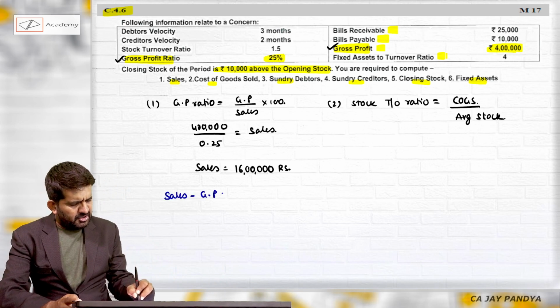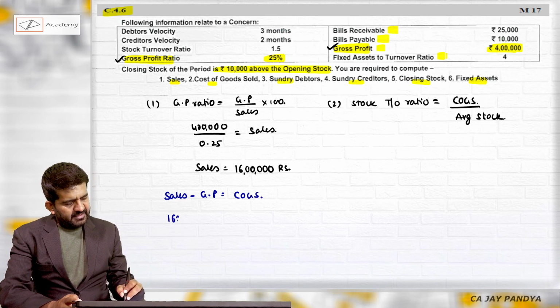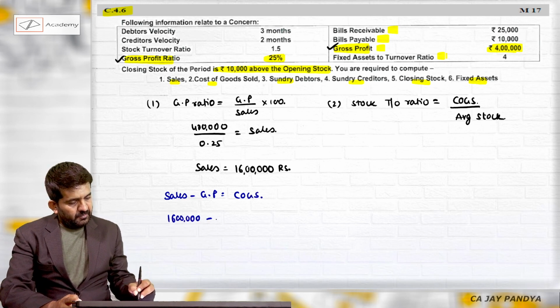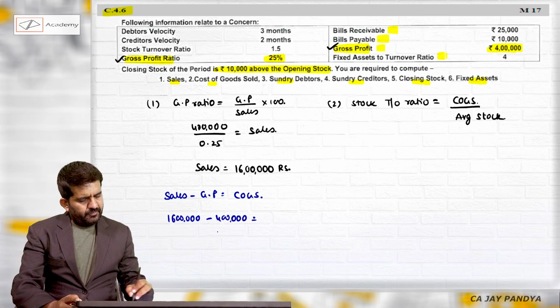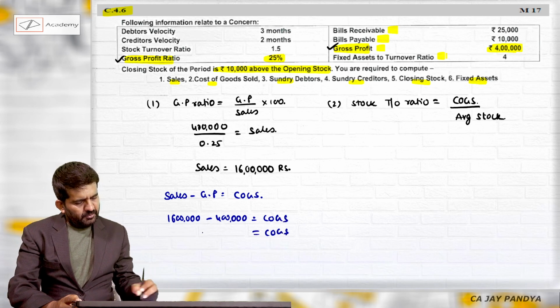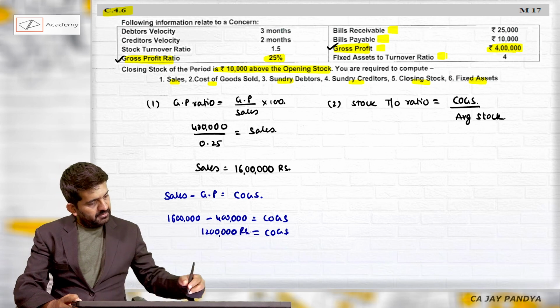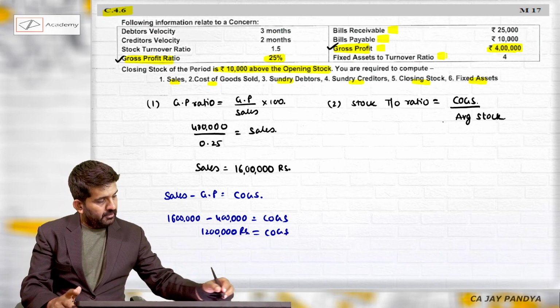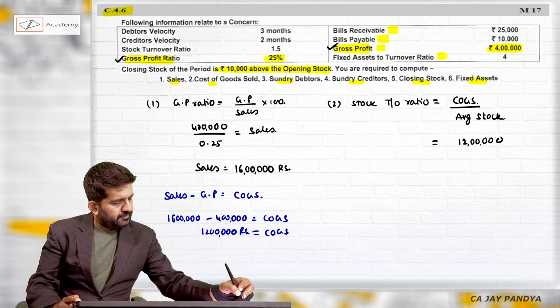Sales minus GP is nothing but COGS. Sales is 16 lakhs minus GP is 4 lakhs. So COGS will be 12 lakh rupees. So over here I can take COGS as 12 lakh rupees.